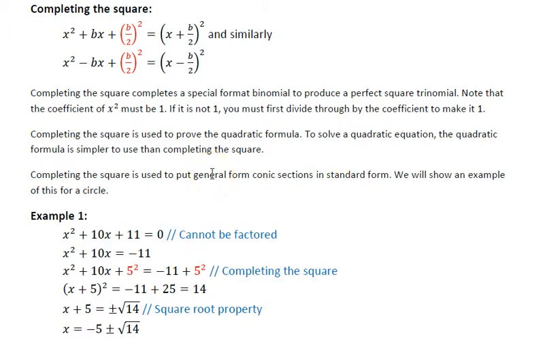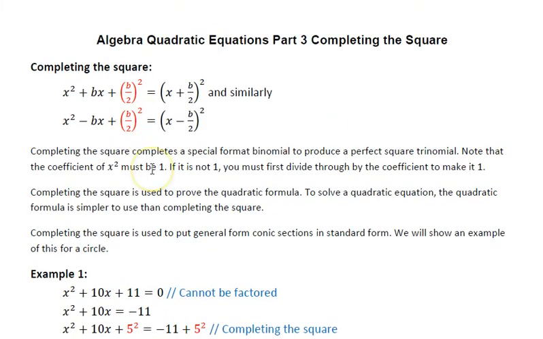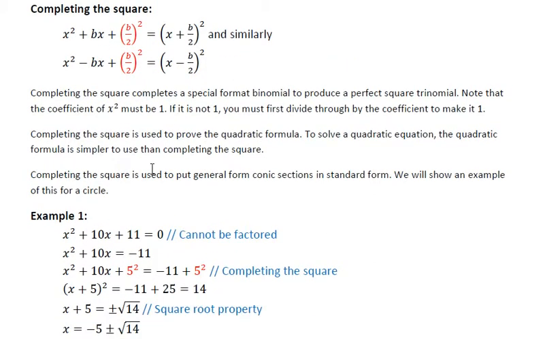If you don't know about conic sections yet, that's okay. It's good to see how something you're using can be applied to something you'll need later. We will show an example of this for a circle, which is one of the degenerate forms. Well, it's a form of an ellipse of a conic section.